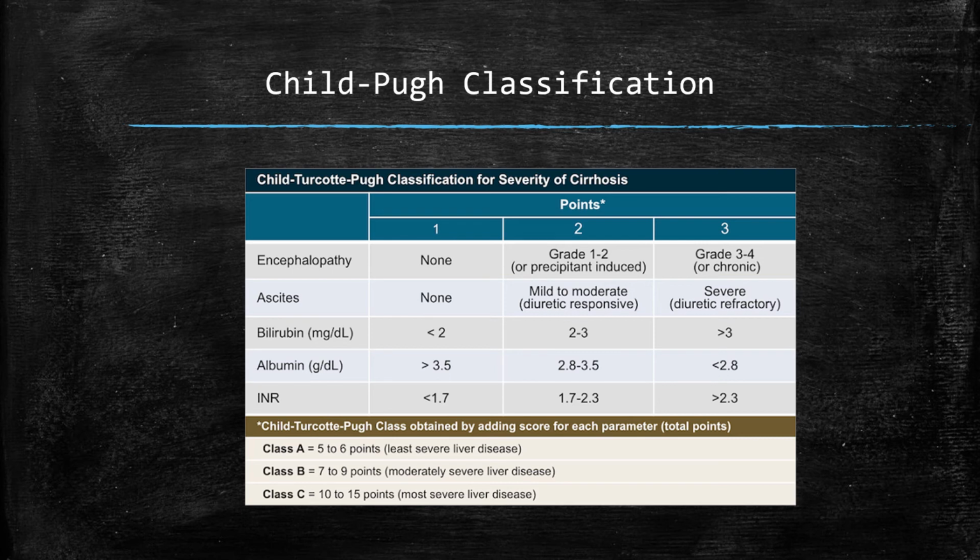The Child-Pugh classification is made up of 5 different variables. 3 of them are measured lab values, bilirubin, albumin, and INR, and 2 are observed clinical parameters, encephalopathy and ascites.